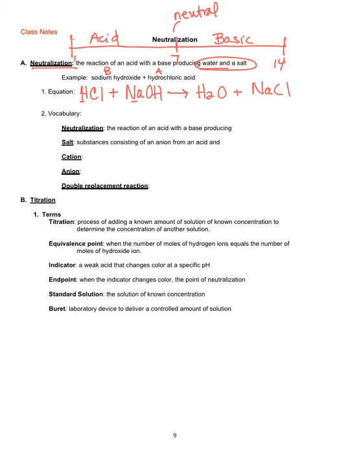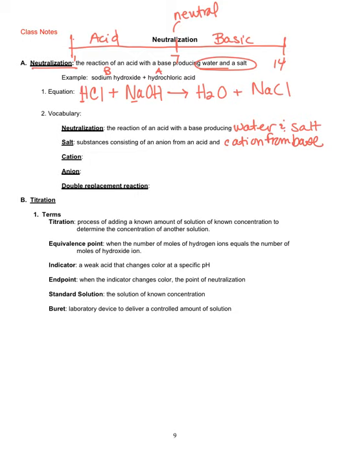So down in the vocabulary after number 2, neutralization is the reaction of an acid with a base, and you will produce water and a salt. The salt is the substance consisting of the anion from an acid and the cation from the base.